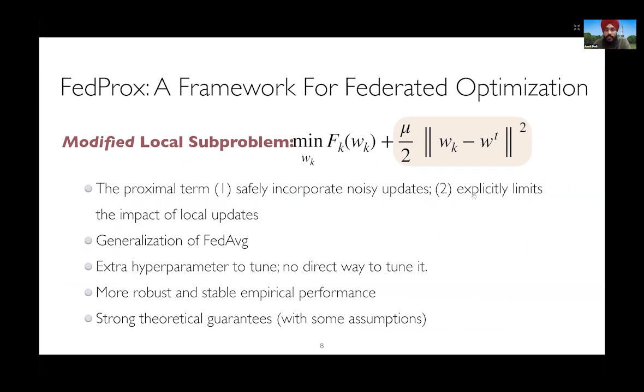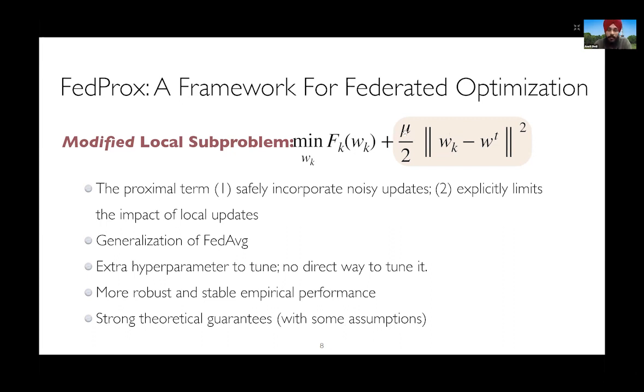But this issue of heterogeneity was first resolved by the idea of FedProx, where the authors proposed that instead of just focusing on minimizing the local loss function, let us introduce a proximal term, or an additional augmented term, to the objective, which says that our local model should not only minimize the loss function, but its distance to the global model should also be minimized at the same time.